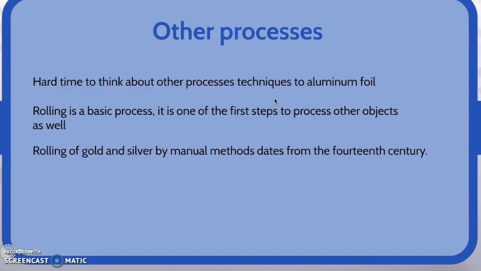But I've read in the textbook that roll mills date from the 14th century, so it is something really old, and I really couldn't think of anything else to put on it. The only thing I could think of, and I found actually, was different processes to refine and smelt the bauxite and the alumina, but not the rolling process itself.